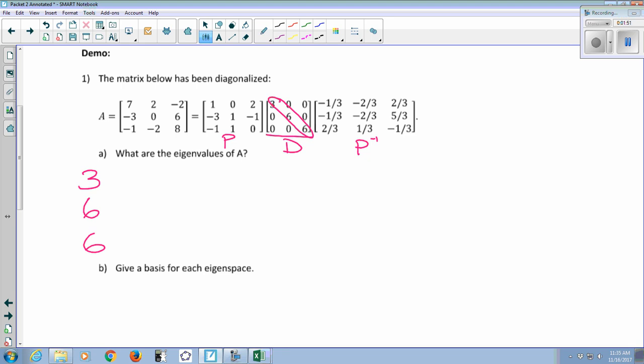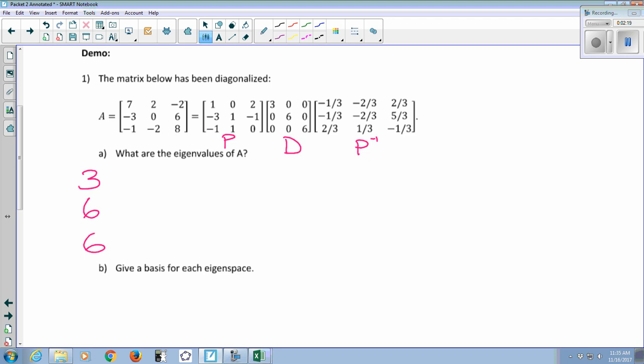And then the columns of P are the eigenvectors associated with each eigenvalue. The eigenvector associated with lambda equals 3 is in the corresponding column of P. The 3 is in the first column of D, which means the first column of P is an eigenvector associated with lambda equals 3.